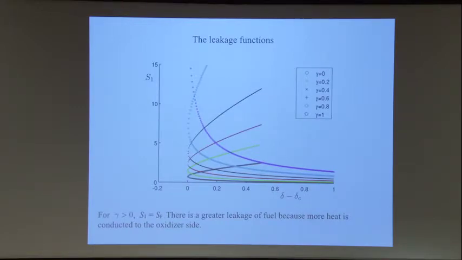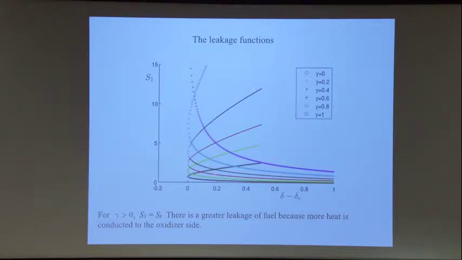So what I have plotted here is the leakage function. Since gamma is positive, it is the leakage of the fuel, as a function of delta minus the critical delta. So all the critical values are aligned. Of course, they don't have to be, but I shifted the coordinate to be aligned. So when gamma equal to 0, pick up any curve that you like.